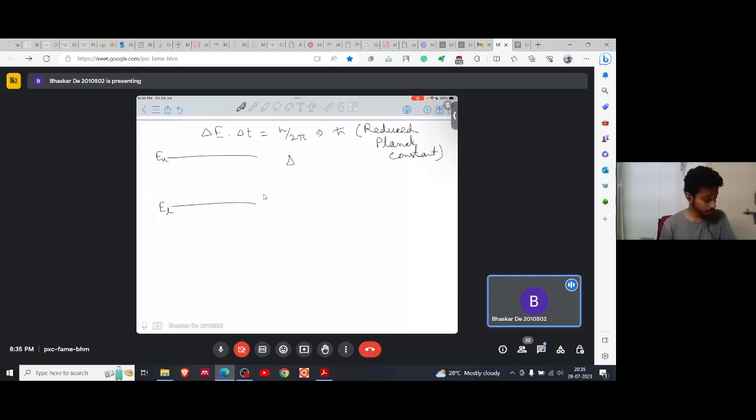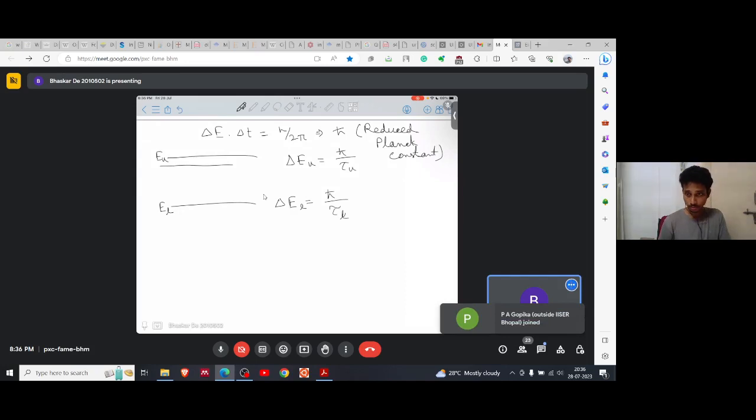So delta EU can be written as h bar by tau u. Thus an energy level U will have an uncertainty in energy delta EU, the uncertainty in this energy level, and similarly delta EL is the uncertainty in the lower level.